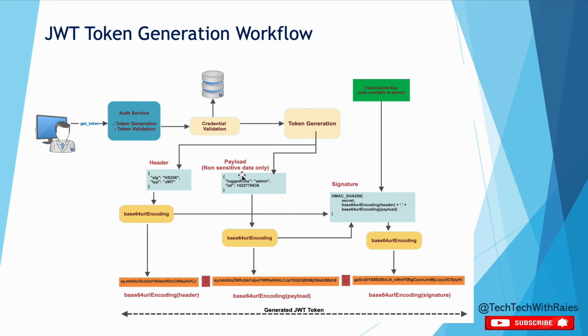Similarly, this payload is also base64 URL encoded, and we get something like this, and the same thing again is fed to the signature part. Now we have constructed two parts: the base64 URL encoding of the header and the base64 URL encoding of the payload.